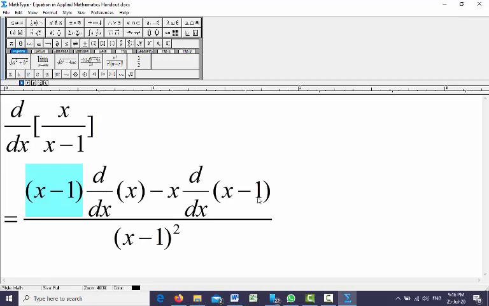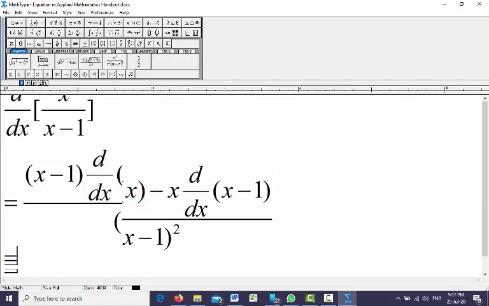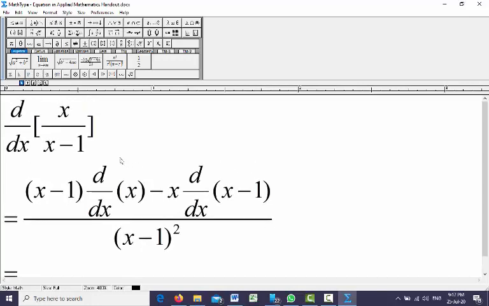So pay attention, in the division rule formula, you should always do differentiation of the numerator first. Remember, you should do differentiation of the numerator element first.